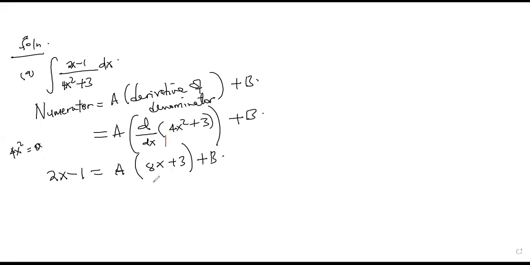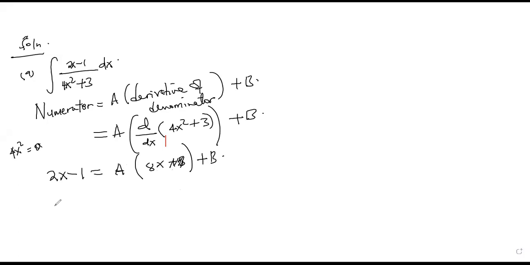Yes, and that is what I've got. So how about the 3? Oh, sorry, you're right. Okay, that's good. So we get 2x minus 1 is equal to 8x plus B. Good, that's very good of you guys.